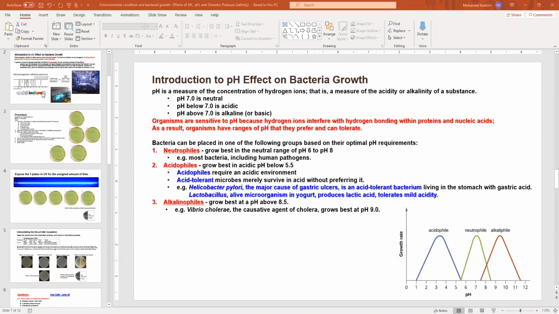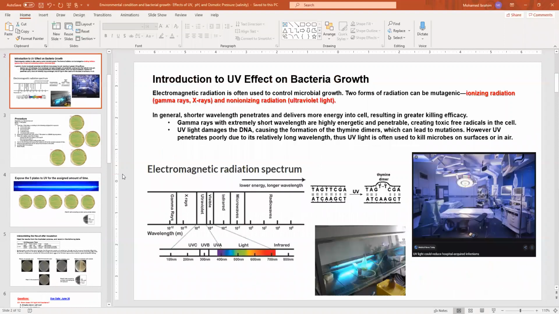And also you need to know about radiation. It is important, and this is covered very thoroughly in chapter 9. When you talk about radiation, you can divide it into ionizing and non-ionizing. Ionizing radiation is very tough. It causes an electron to leave the atom, creating ions.